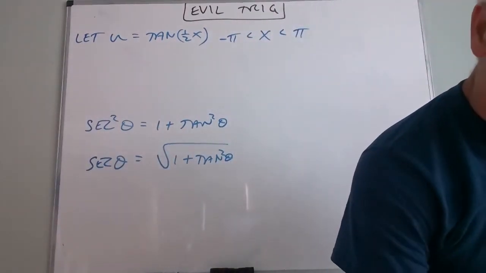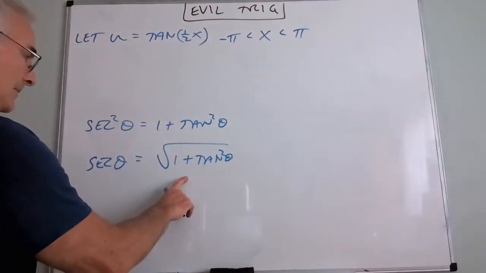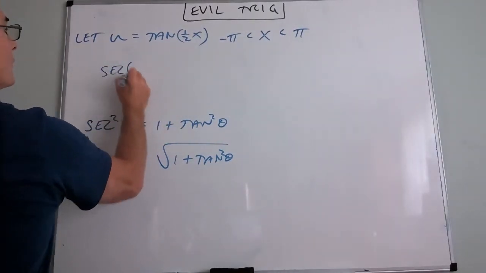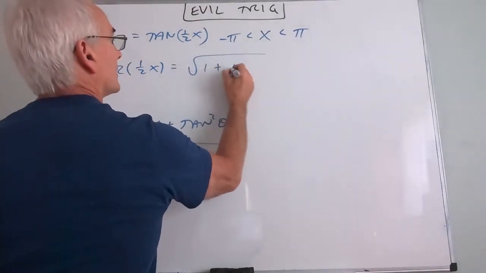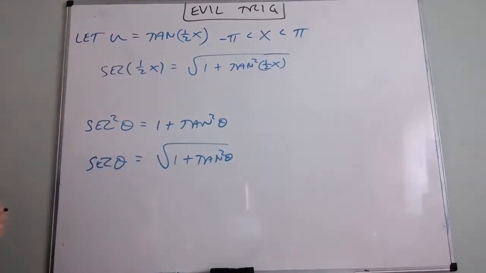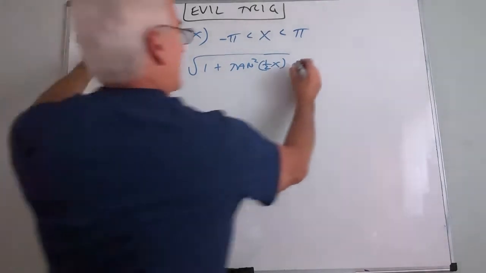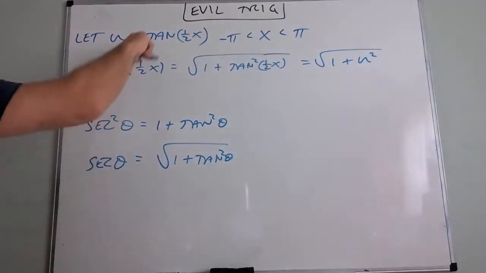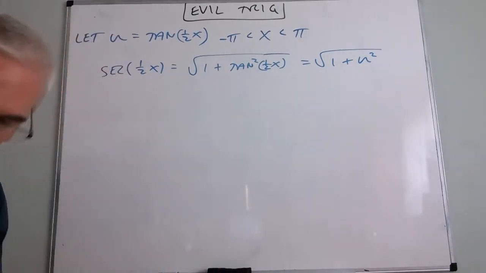So I'm going to start with this statement right here. Okay, this is a true statement. Therefore, the secant of 1/2 x is equal to, okay. But if the tangent of 1/2 x is u, then that means that this is the square root of 1 plus u squared, based on this substitution. So right off the bat, we have the ability to state the cosine function.